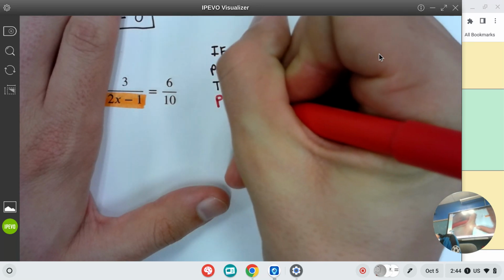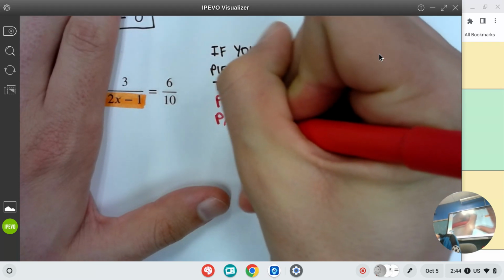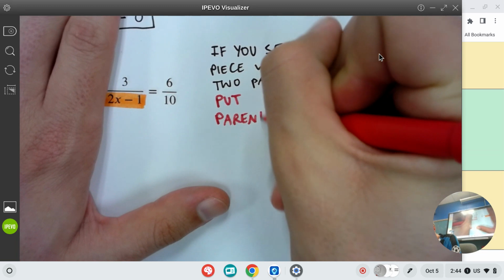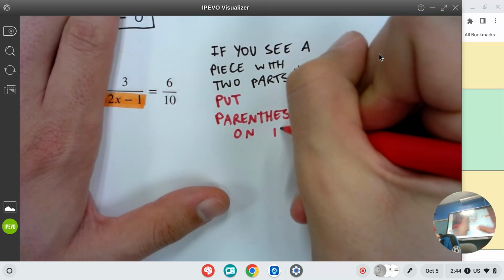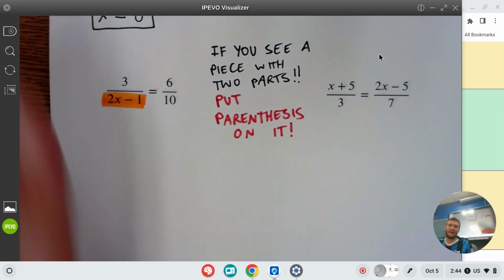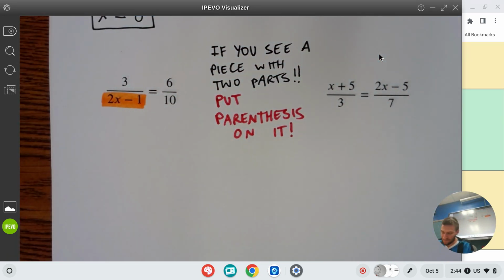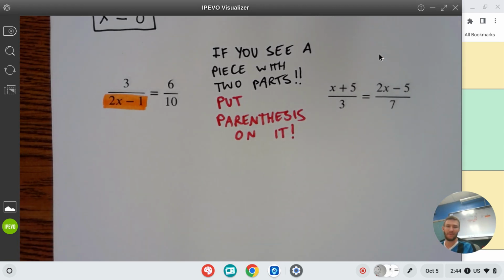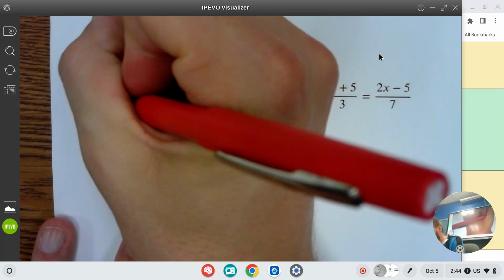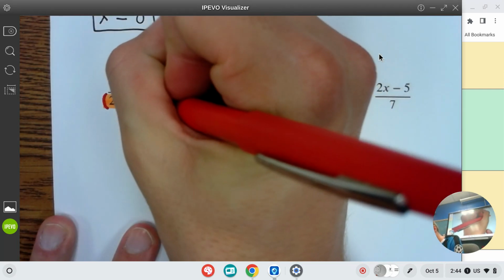I don't know. Put parentheses on it. Really simply, if you see a piece that has 2 parts, like this bottom left, slap a pair of parentheses on there, and once you do that, you will understand what we're going to do. You will get it, okay?